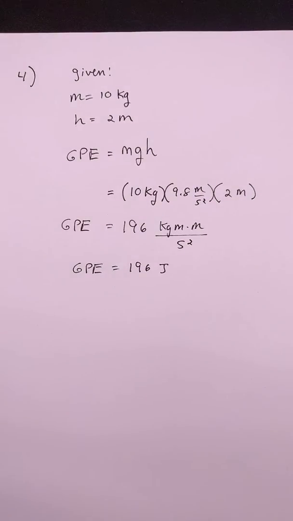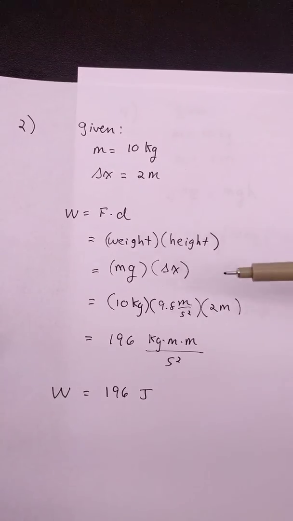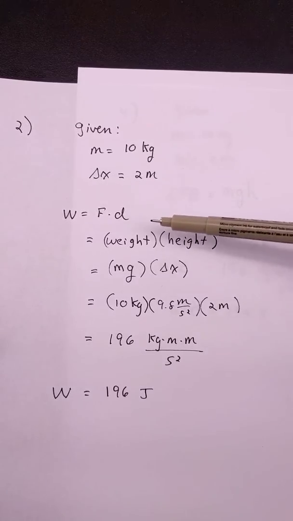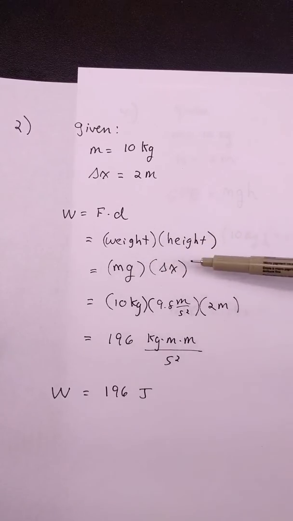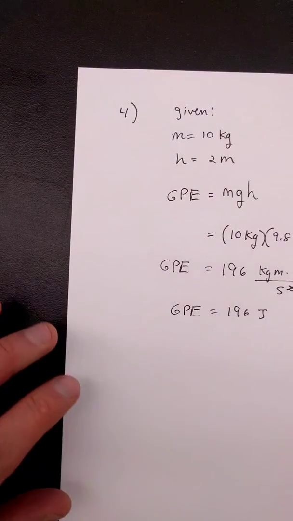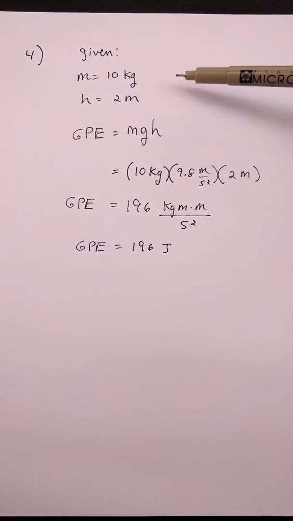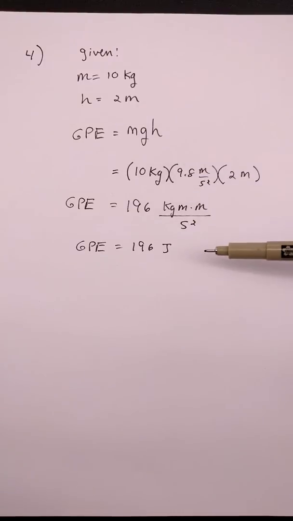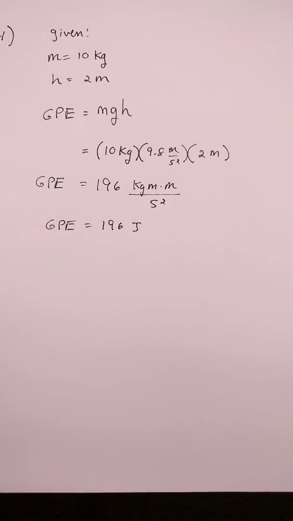Now that's interesting. If we go back and look at number 2, the amount of work to lift a 10 kilogram rock 2 meters was equal to force times distance. That's its weight times its height, and that's mgh. Lo and behold, when we look at the potential energy stored in that thing's position later, a 10 kilogram rock sitting at 2 meters above the ground or some other surface onto which it would fall, it has 196 joules of potential energy.